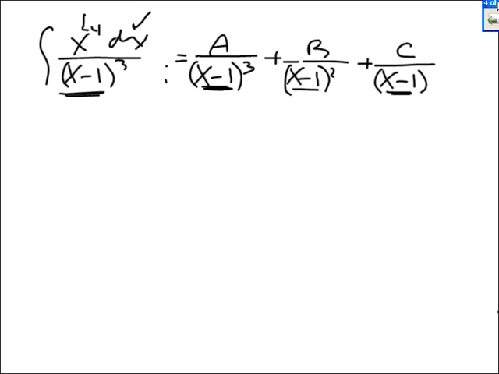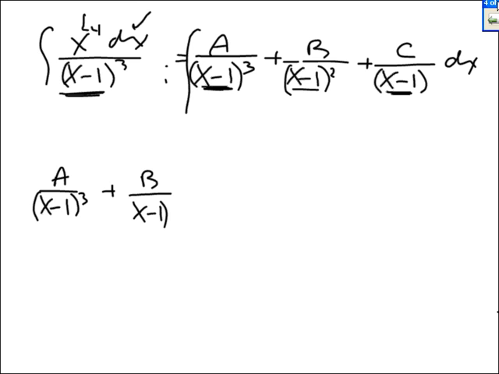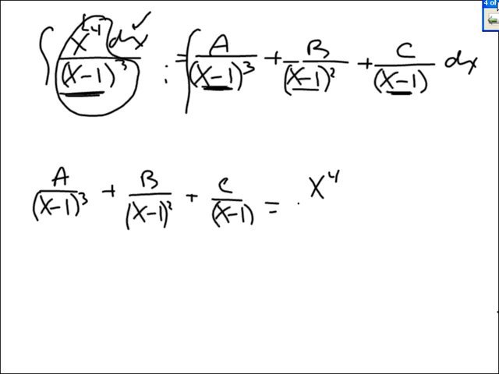Okay. So, integral times dx. So now I want to get a over x minus 1 cubed plus b over x minus 1 squared plus c over x minus 1. I want it to equal x to the 4th over x minus 1 cubed. And I want to get the denominators to be the same, namely x minus 1 cubed.